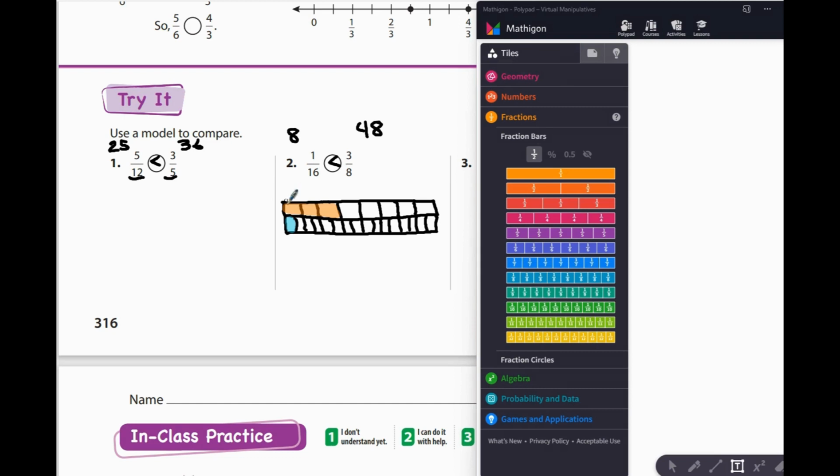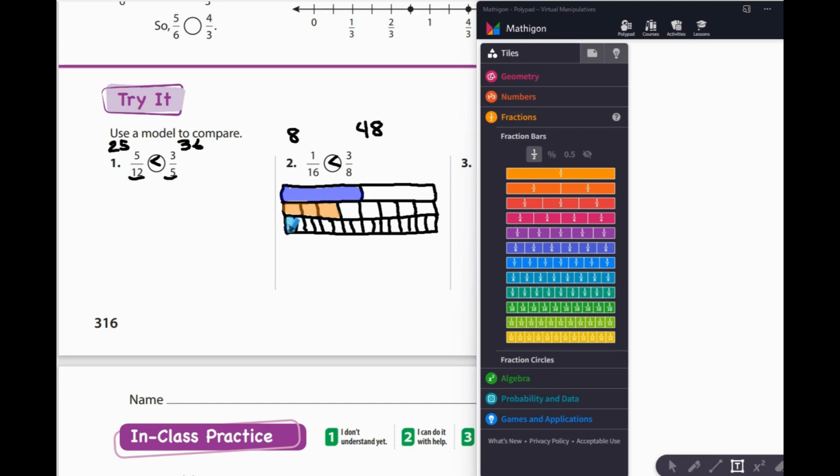And if I wanted to compare that to a half, think about it like this. Here it is. And I'm going to go ahead and write here, right? This is half. So if I really wanted to go a step further, I can compare them to a half. If this is a half, 3/8 is a little bit more, I just need one more eighth to equal a half, right?